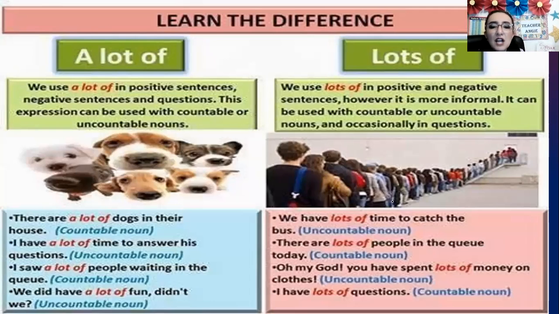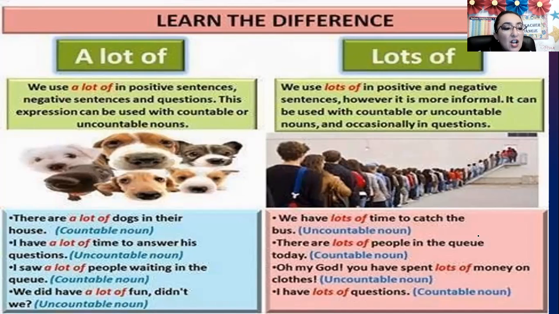We have lots of time to catch the bus. It is something uncountable. There are lots of people in the queue today. That's countable. Oh my God, you have spent lots of money on clothes. Wow. I have lots of questions. I don't have 10 questions.